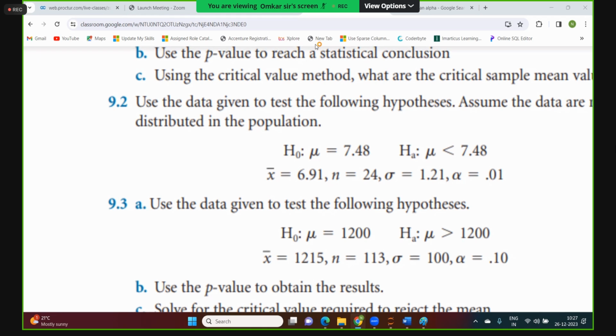Nikita is asking how the p-value is found. What is the p-value? 0.02. Okay, so 0.02.